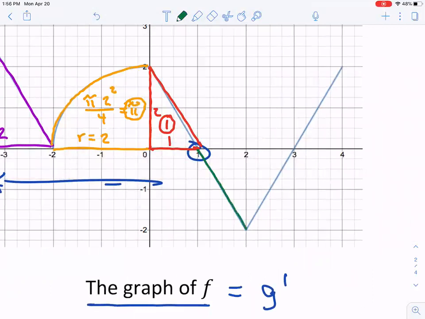Over here, I have a triangle. And that looks like it's 2 units. And the height is also 2 units. So 1/2, 2 times 2 is going to be 2 square units for that triangle.